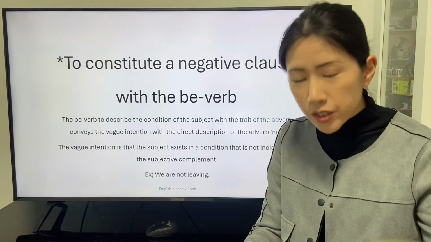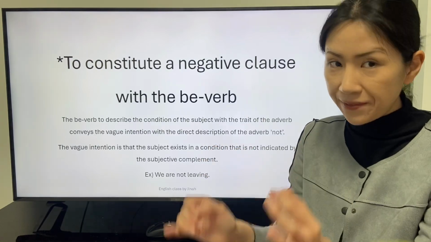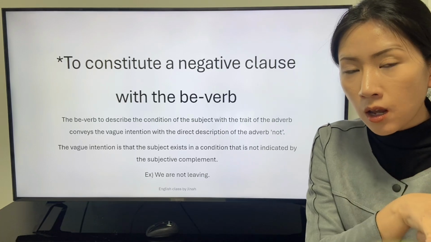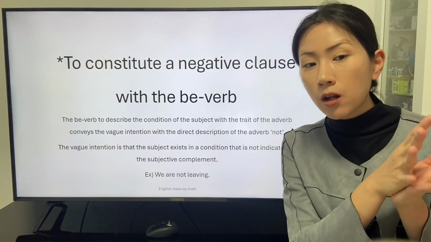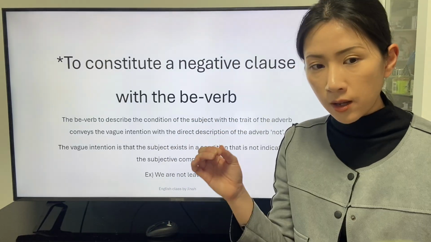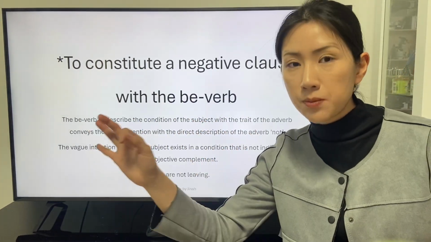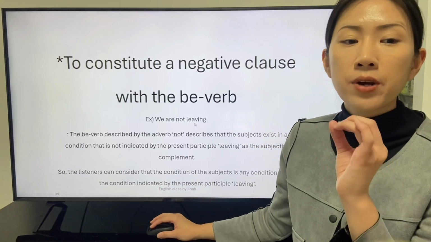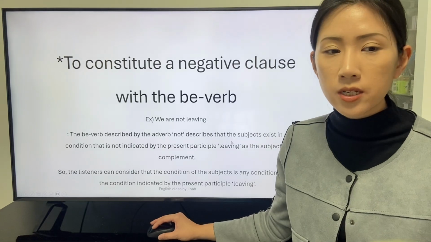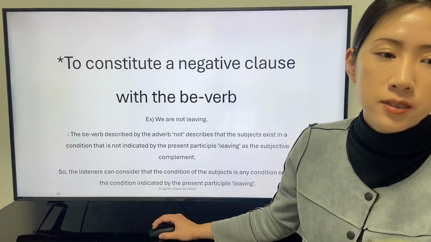The condition of the subject described by the subjective complement living to describe indirectly, because the present participle living has the trait of an adverb, is except the condition indicated by the present participle living. The be-verb described by the adverb not describes that the subject exists in a condition that is not indicated by the present participle living as the subjective complement.